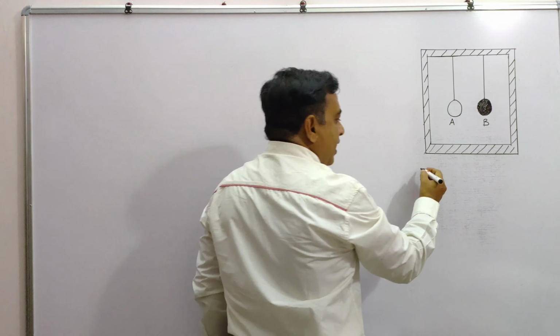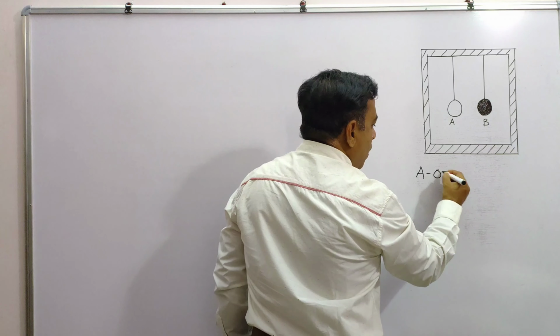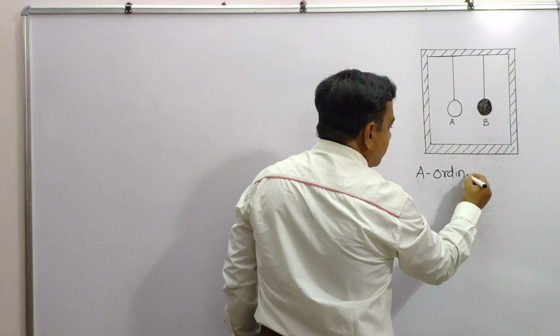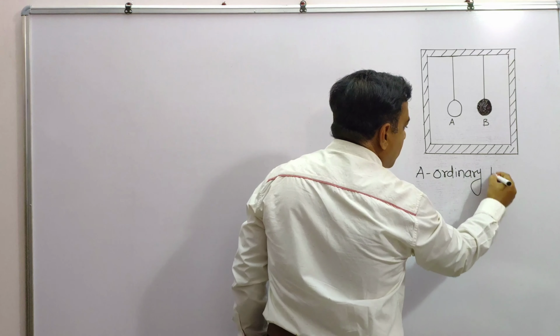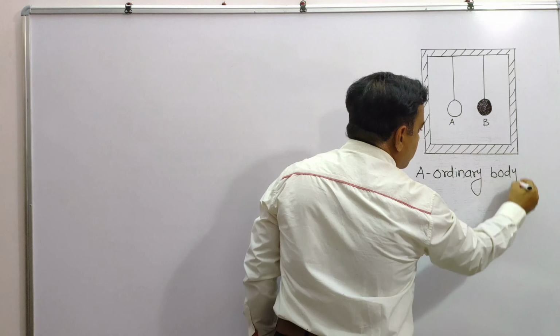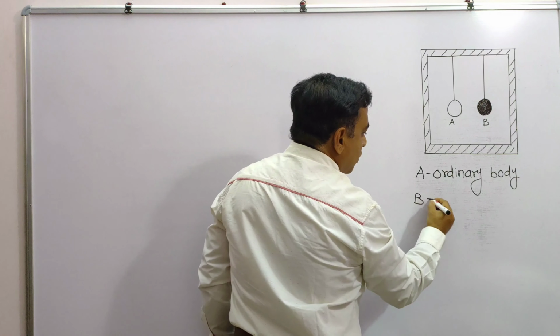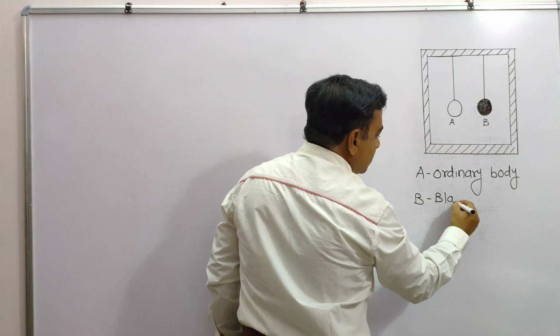Here it is A, the ordinary body. What about B? B means black body. How simple it is.